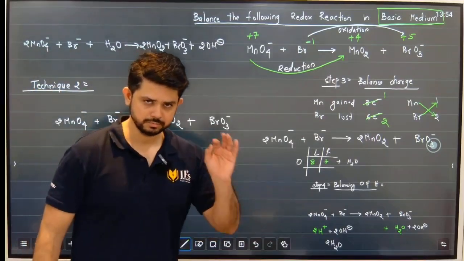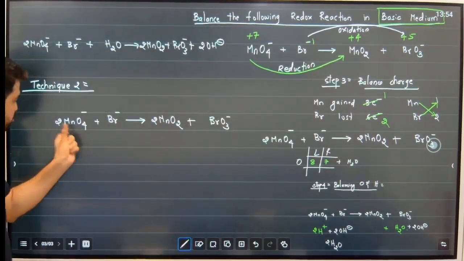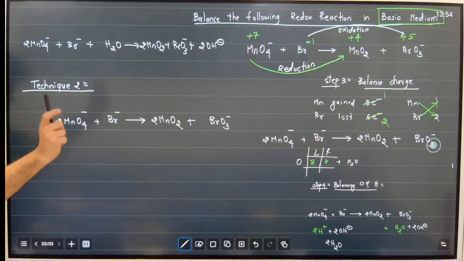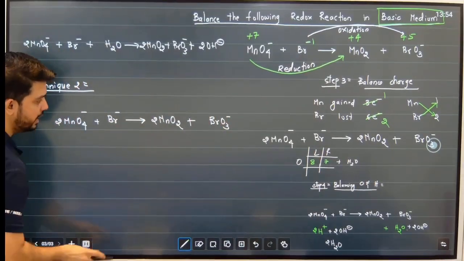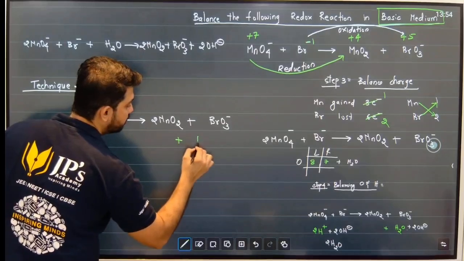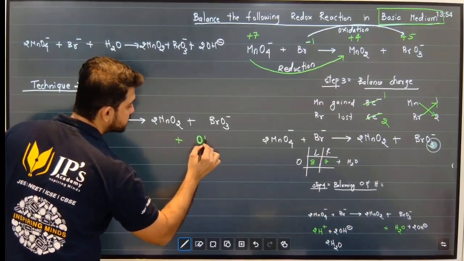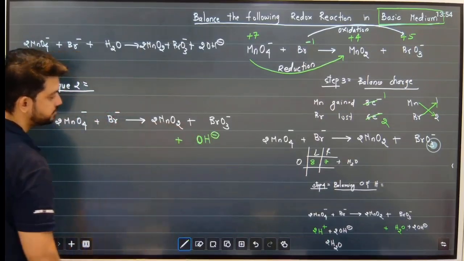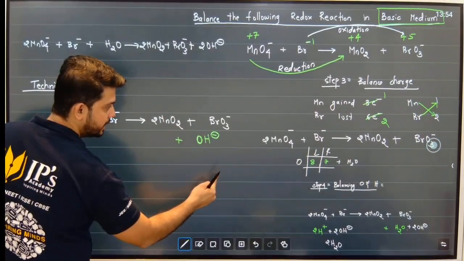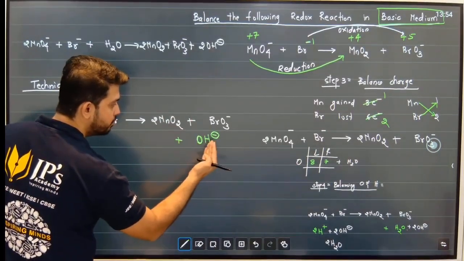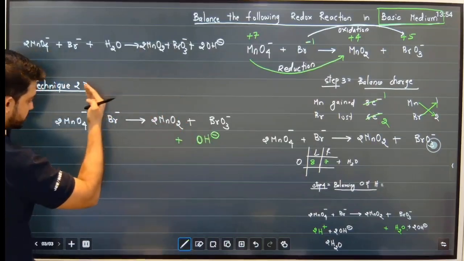Right में students there are 7 oxygens, left में students there are 8 oxygens. Let's understand. So right में एक ऑक्सीजन कम है, I add 1 OH minus. So जितने OH minus ऐड किए, we add the same number of H2O on the opposite side.